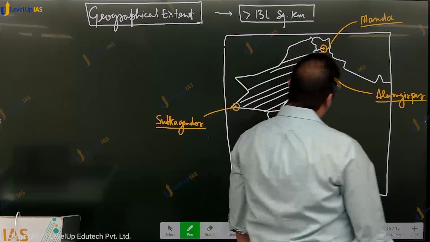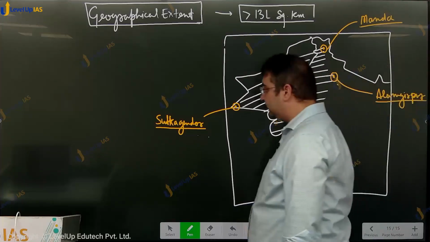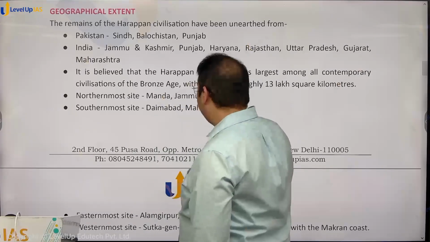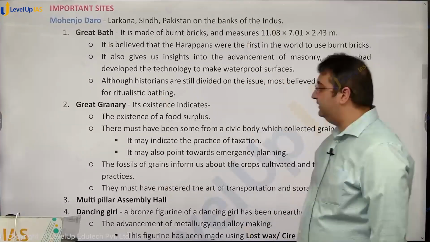Now ये तो हो गए the geographical footprint of the Harappan civilization. Next we have to talk about the important sites.